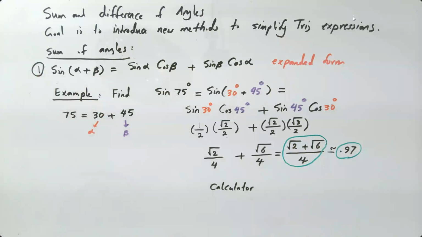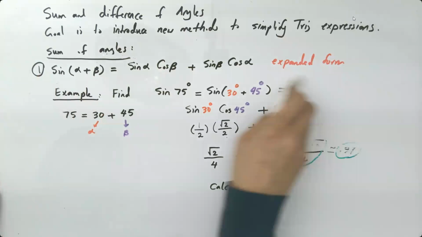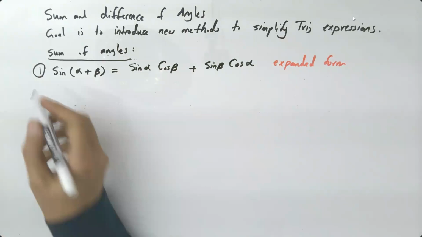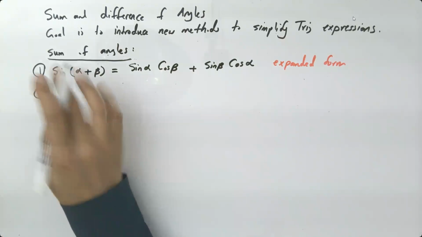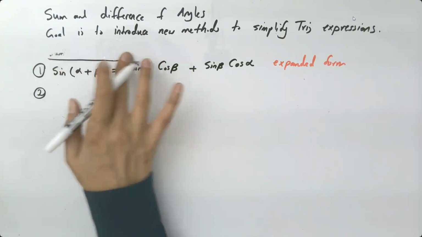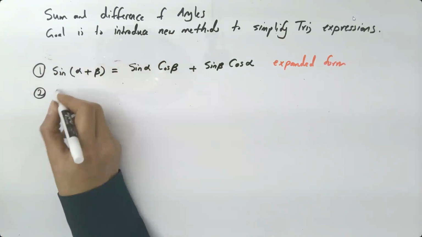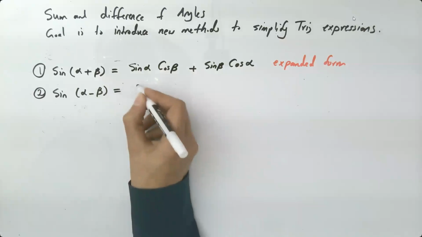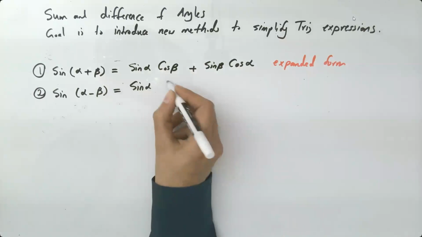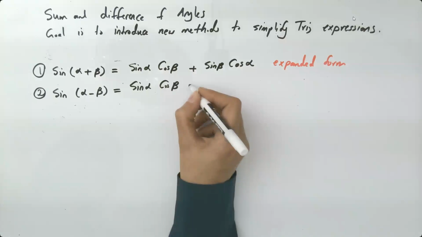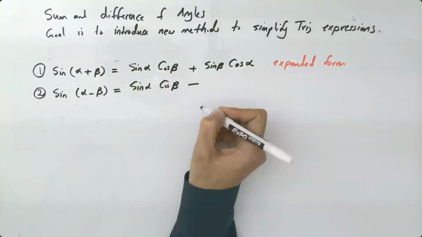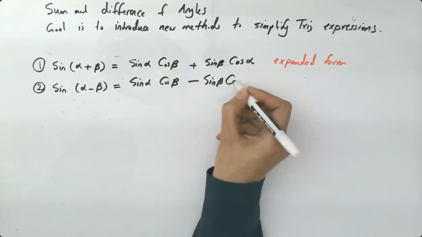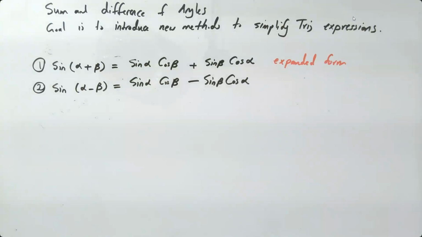Now let us introduce sine of alpha minus beta. The second formula, here you have the difference between two angles. If you have sine of alpha minus beta, you can write it as sine of alpha cosine beta, now we have subtraction, minus sine beta times cosine alpha.